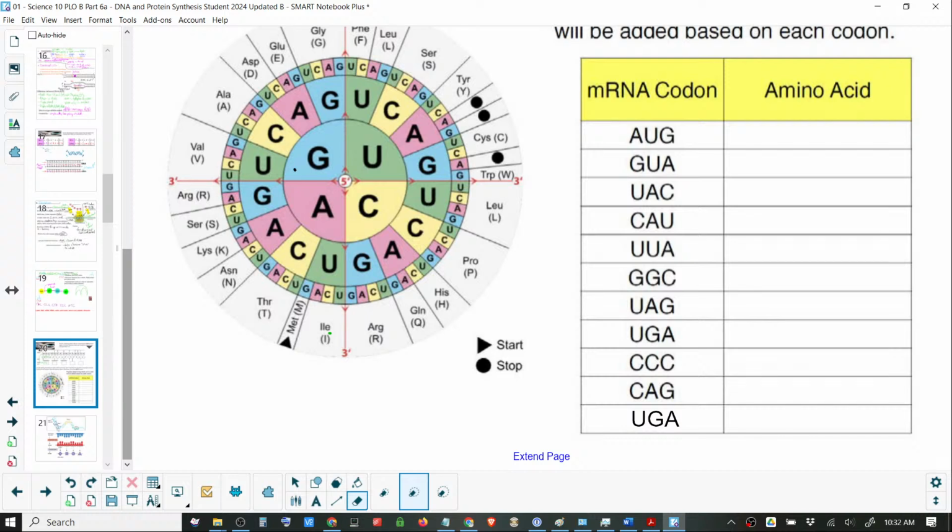UAG. I don't see UAG here. Oh, there it is. So, mRNA, U, A, G, codes for stop.